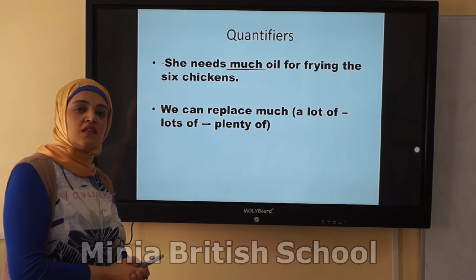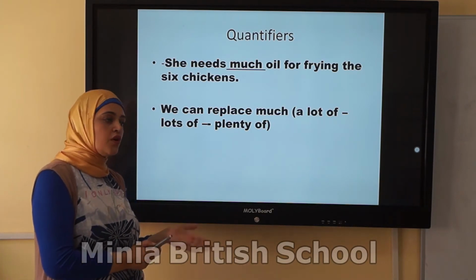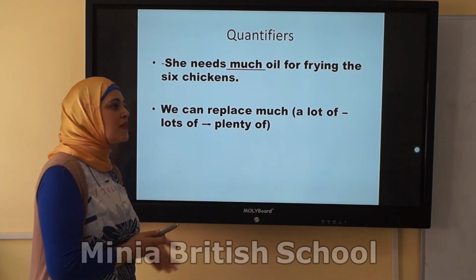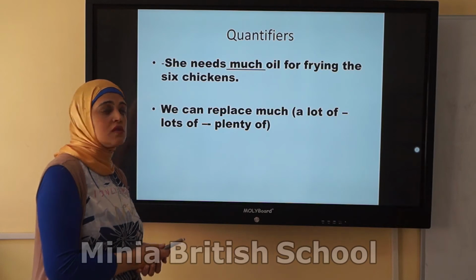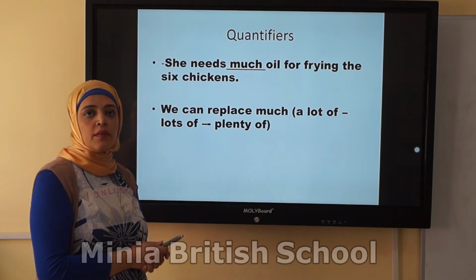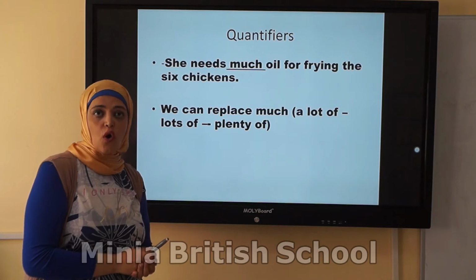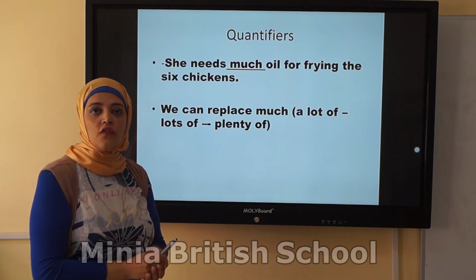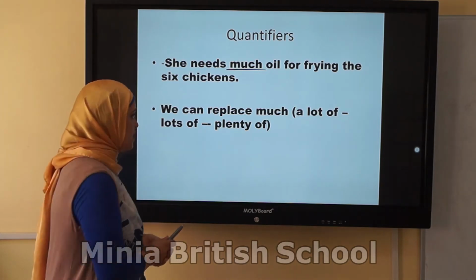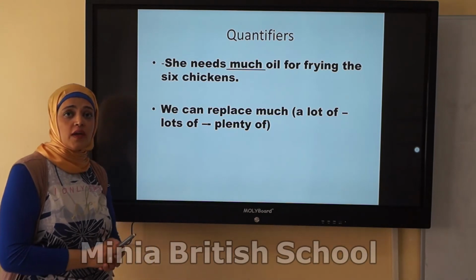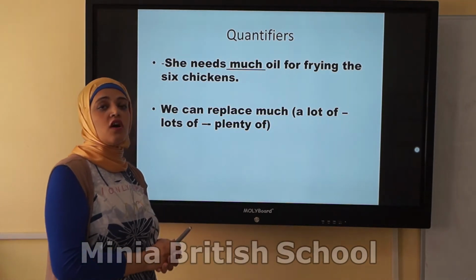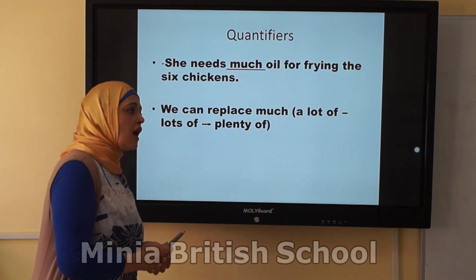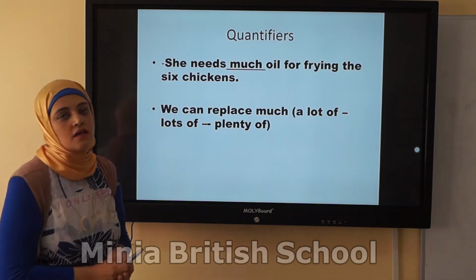How? When we said there were a lot of bags, or there were loads of bags, or there were plenty of bags, we used three of them instead of many. Also, we can use them instead of much. It means that a lot of, lots of, and plenty of are quantifiers that we can use with countable nouns and uncountable nouns.